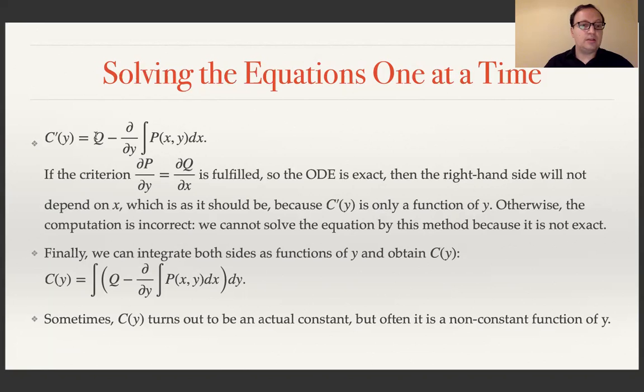And then we just integrate with respect to y, and we get that c of y is equal to the integral of this expression dy. When we do this, sometimes we get that c of y is an actual constant, but usually we just get some function of y. And then knowing this function of y, we replace it in the original formula of f, and this is our prime integral.